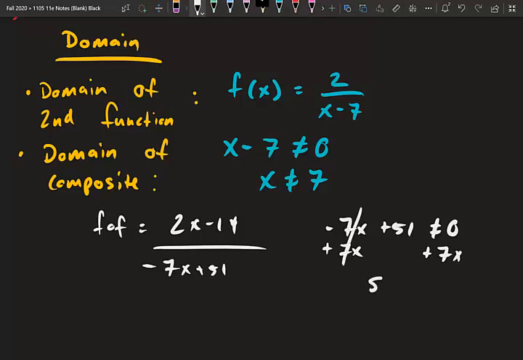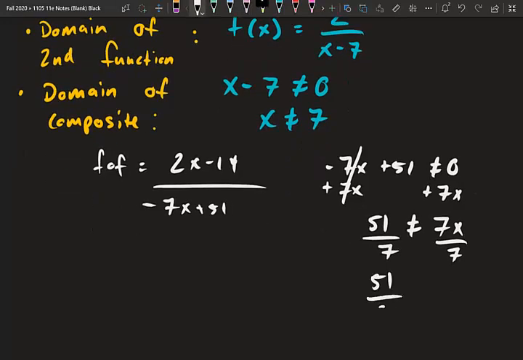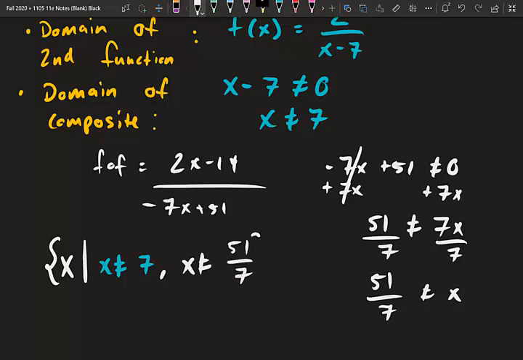So we have 51 cannot be 7x. Divide by 7. We have 51 over 7 cannot be x. All right, let's go ahead and put it in set notation. So set notation would be x such that x cannot be 7, and then x cannot be 51 over 7.